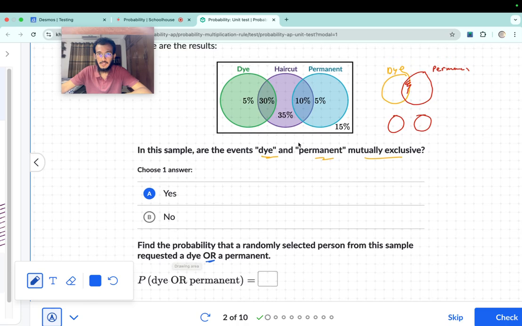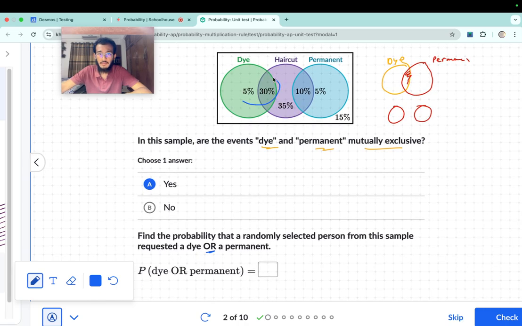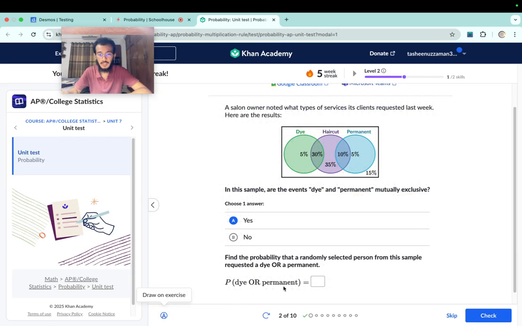Dye or permanent: we have 35% who selected dye, so 35. If you have or, we add the probabilities, and if it is and, then we multiply. So or permanent, which is this figure here, which is 15. So we have 50% of people. 50% means 0.5 probability. So I'll select 0.5.